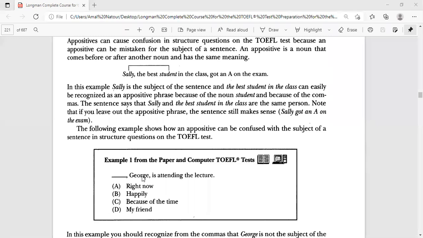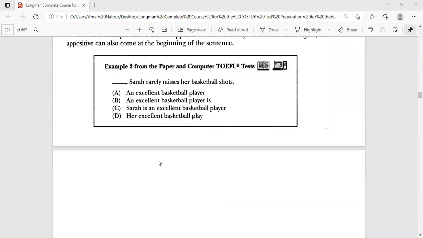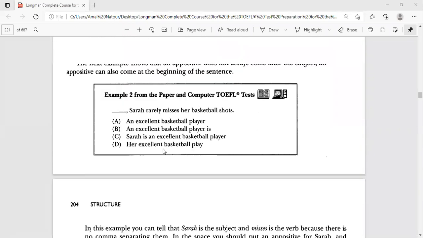George is an appositive, because this sentence still needs a subject. The best answer is D, my friend. And A, B, C are incorrect because they are not subjects. Let's look at this example.